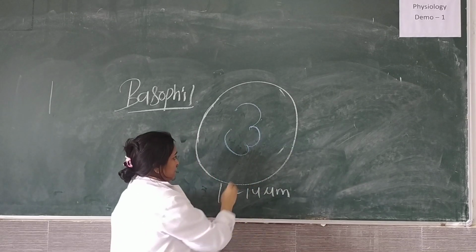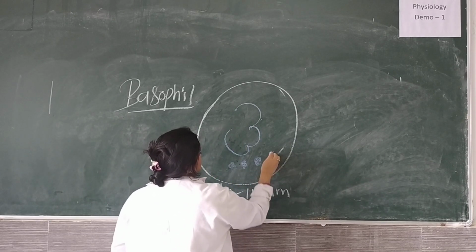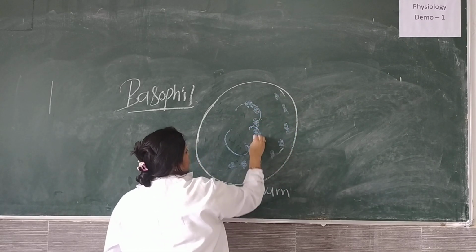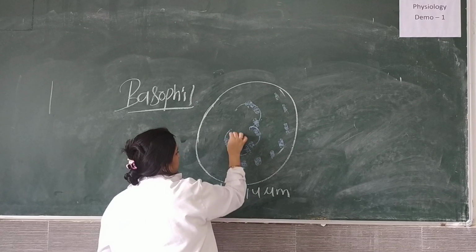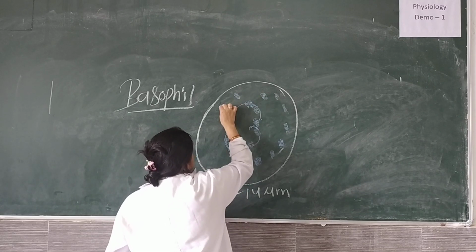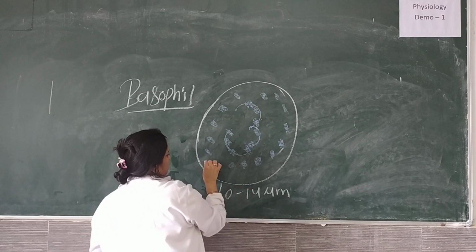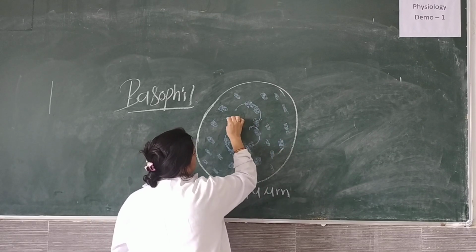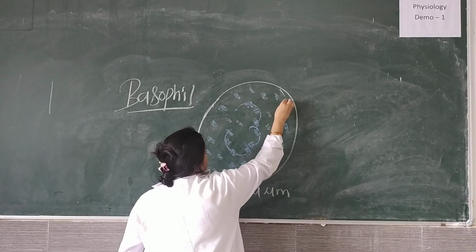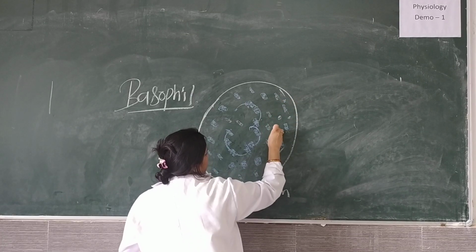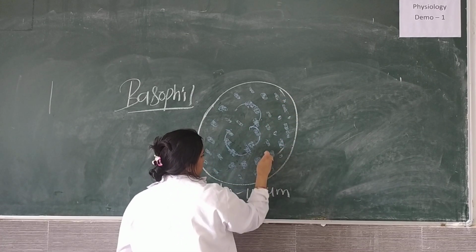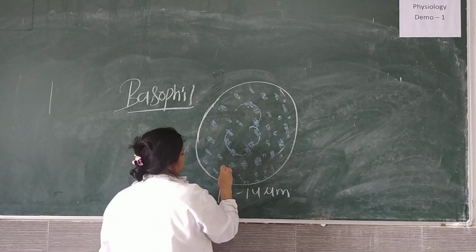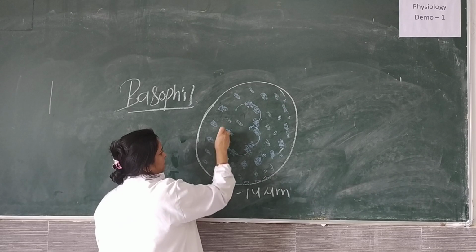The granules are coarse granules, and because of that nature, these granules will overcrowd the nucleus, so it won't be easy to identify the lobes.